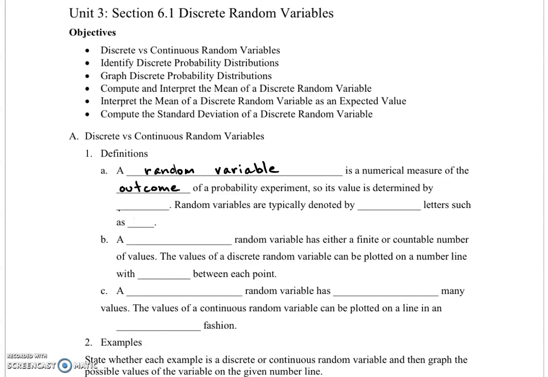So its value is determined by chance. Random variables are typically denoted by capital letters, and usually we use a capital X.